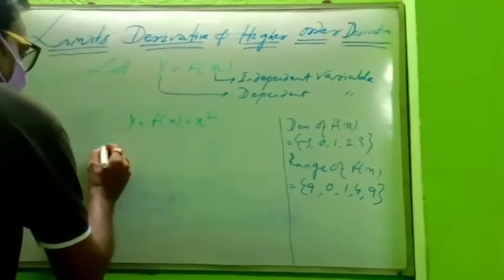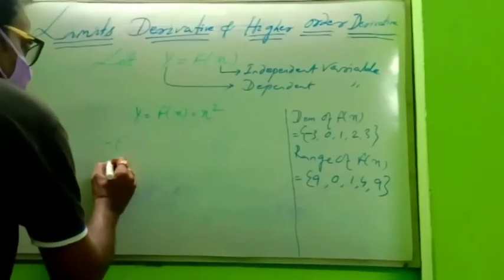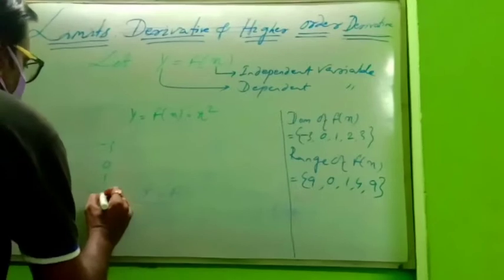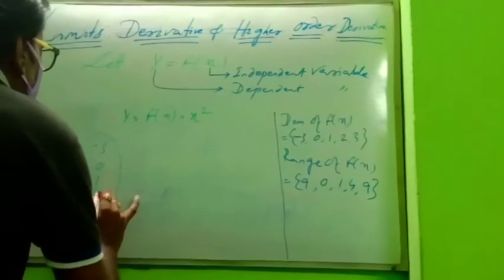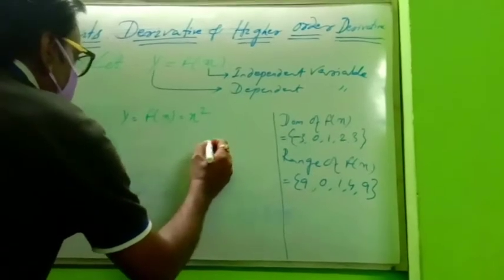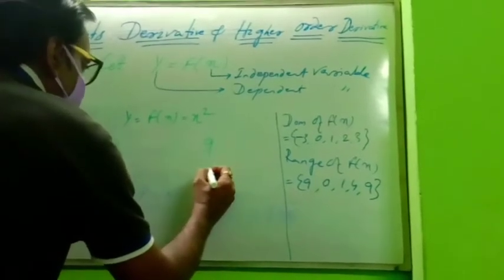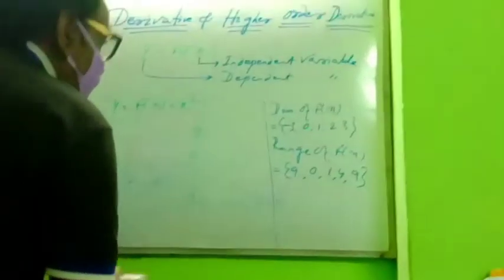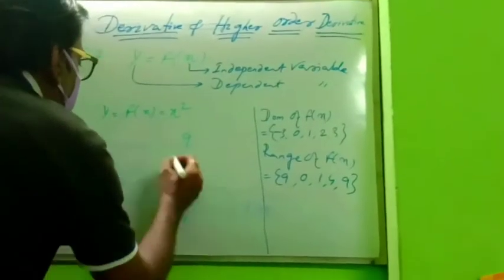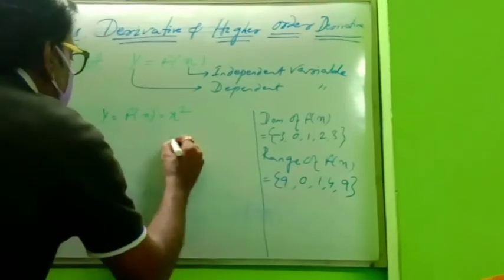The x values you have taken here are minus 3, 0, 1, 2, 3. This is called the domain, and correspondingly you are getting the values of y, that is 9, 0, 1, 4, 9. This is called the range.